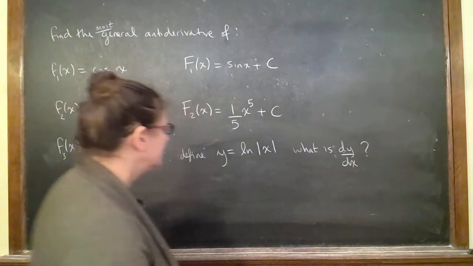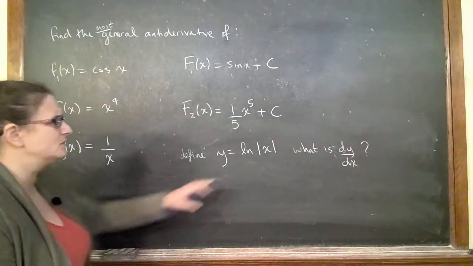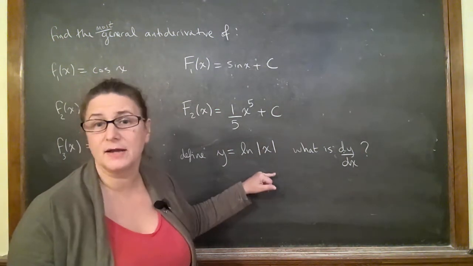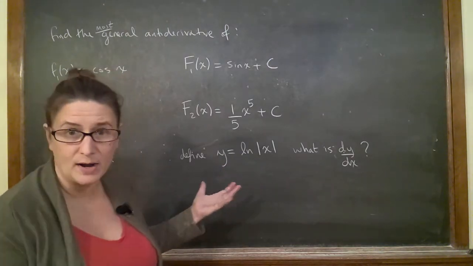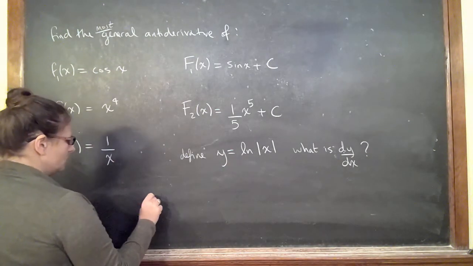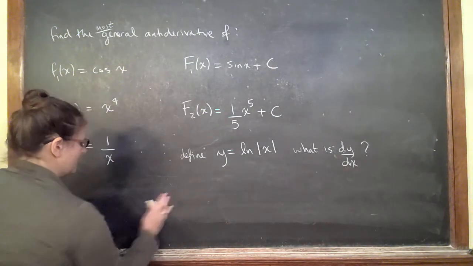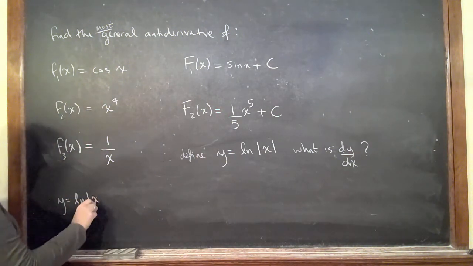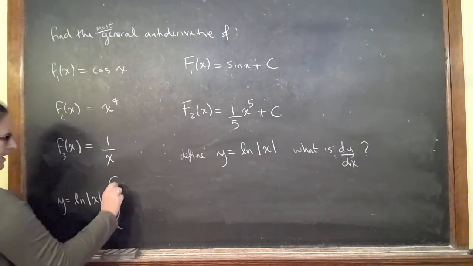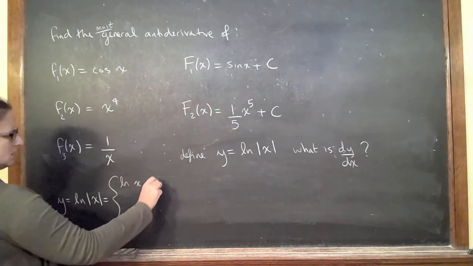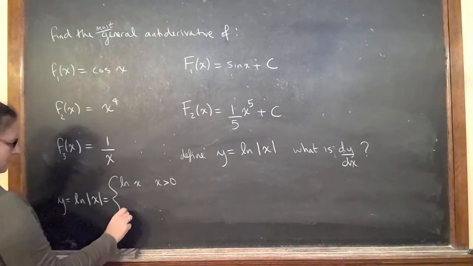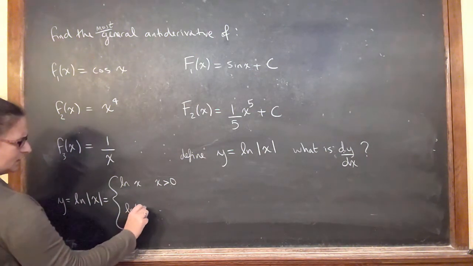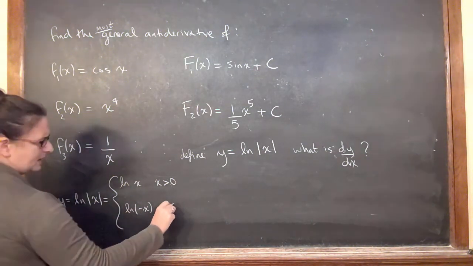Okay, so now natural log of absolute value of x is defined everywhere except 0, right? So if I look at what this is, I'm going to write it over here. y is natural log of absolute value of x. It is natural log of x for x positive and natural log of negative x for x negative.